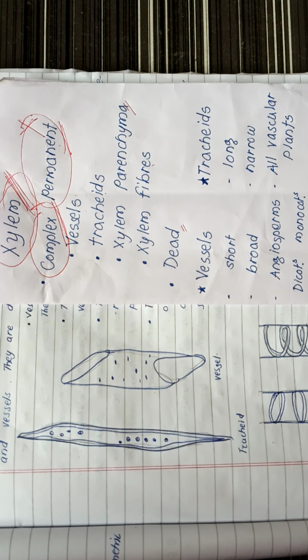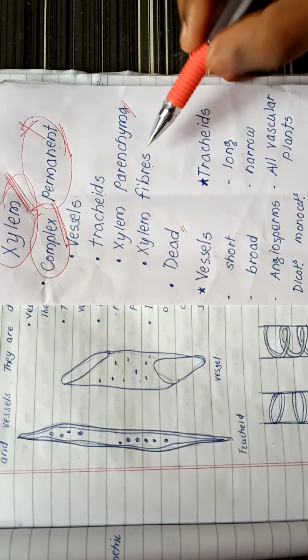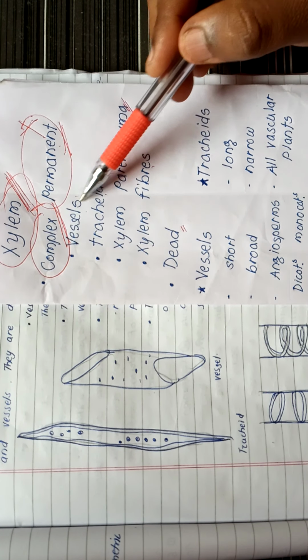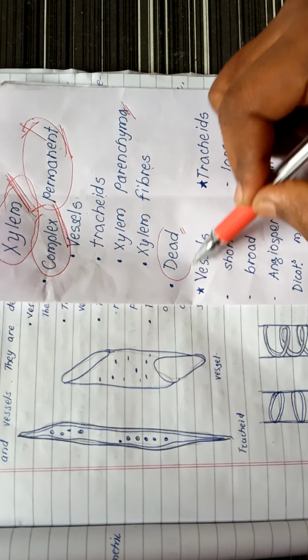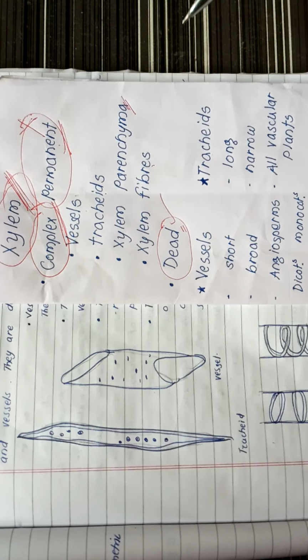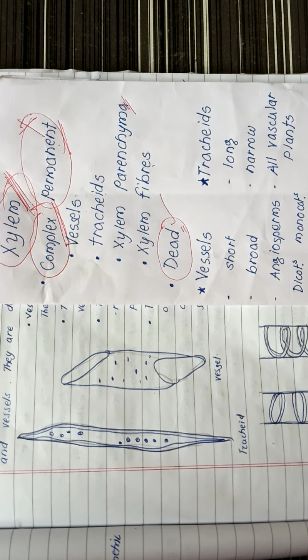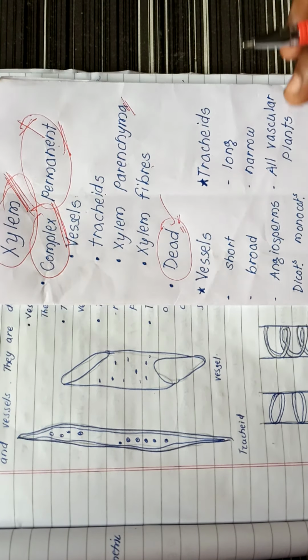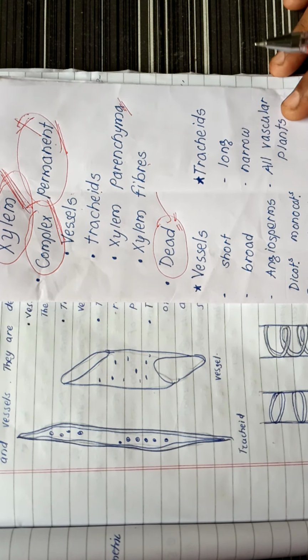Living tissue means it has protoplasm, and dead tissue means they have lost the protoplasm. So xylem is considered a dead tissue because it contains three cell elements which are dead. Therefore, xylem is considered a dead tissue and phloem is considered a living tissue.